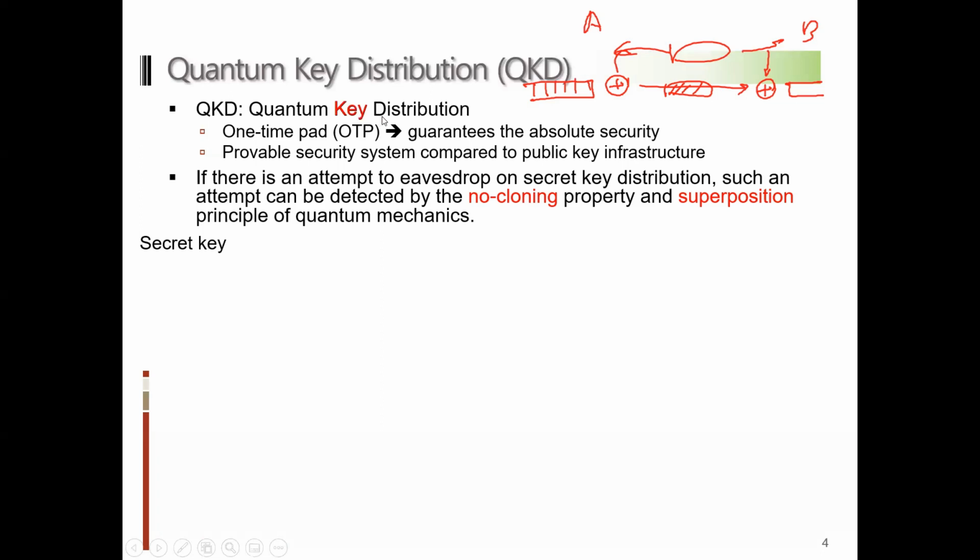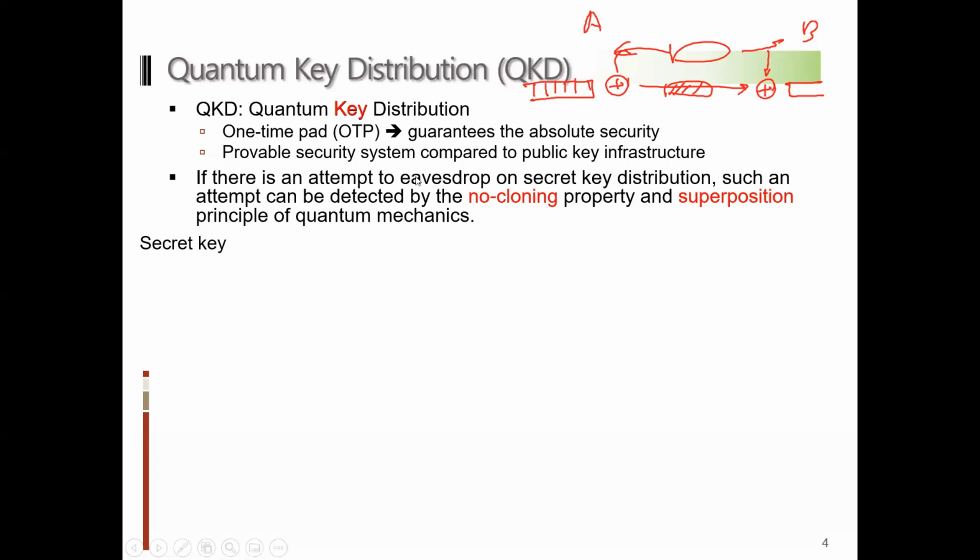If you think about typical digital communication, because digital information can always be copied, as long as someone has a copy of the encoded part, then later that person can decode this information using some other method. So the most ideal situation is that there is no way someone else can copy the distributed key.